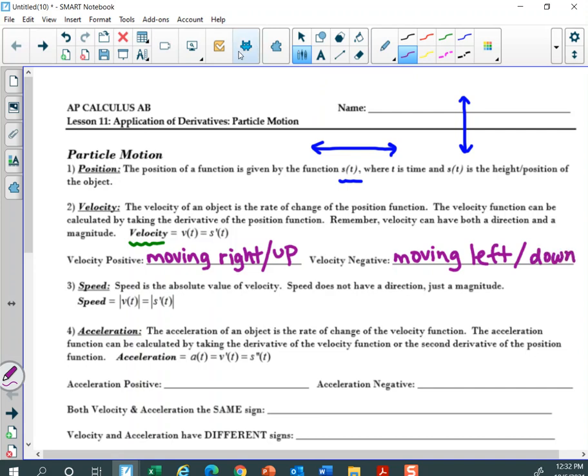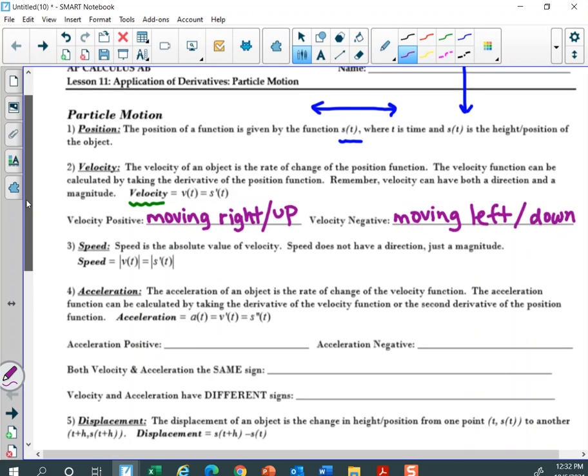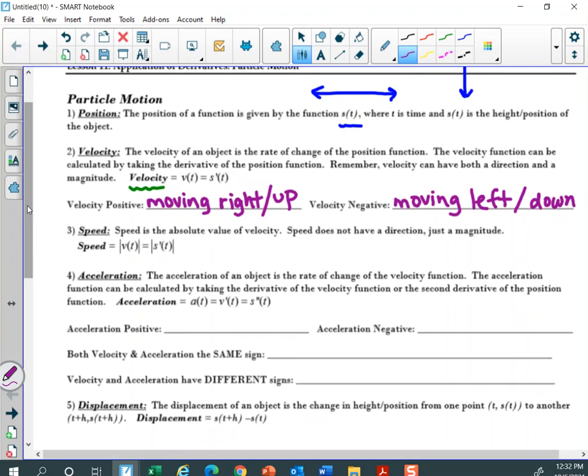Okay. Velocity is a vector quantity, which is the fancy way to say that the number associated is a size, and the sign associated with it is a direction. It's the same concept as a 30-degree angle of rotation versus a negative 30-degree angle of rotation.